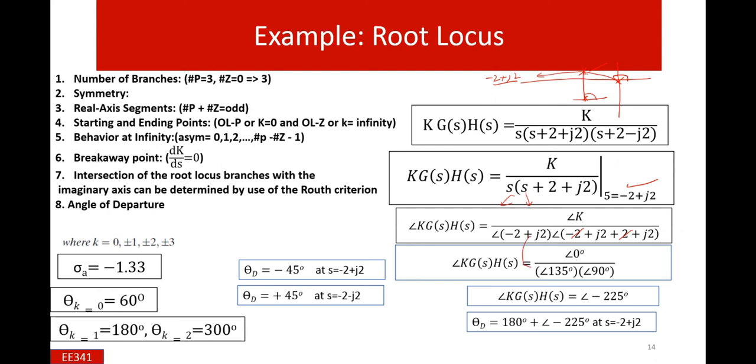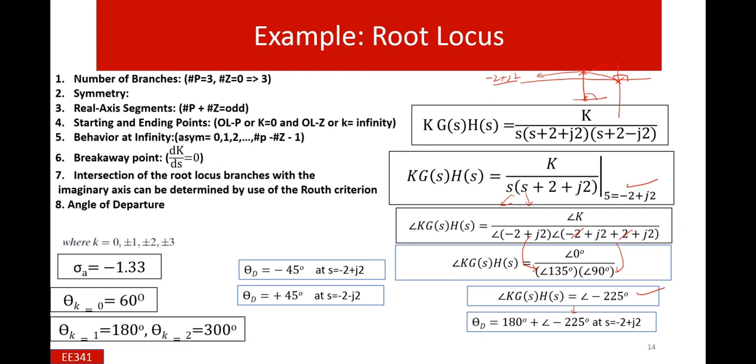So this makes the angle 135, and this term makes the angle 90. So the sum is -225, and in the numerator form this is equal to this one. And according to the definition, we just put here 180, and the sum of the angles of poles, there are no zeros, so it is equal to -45.